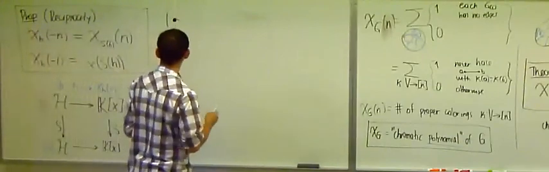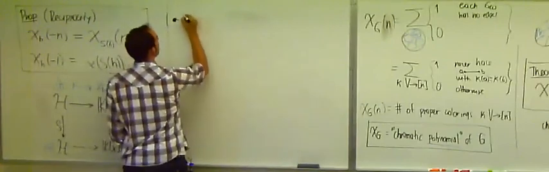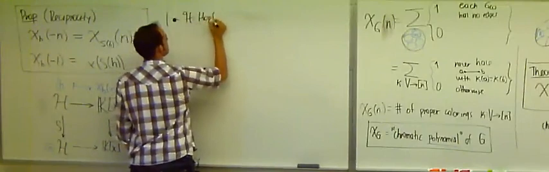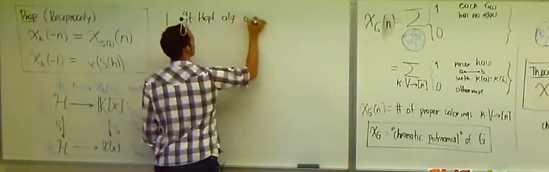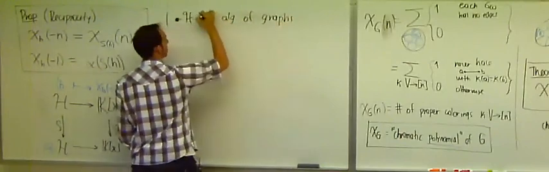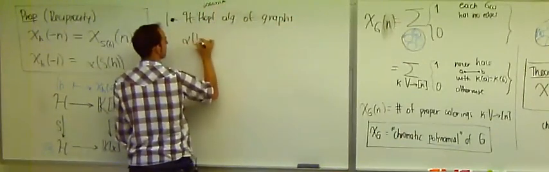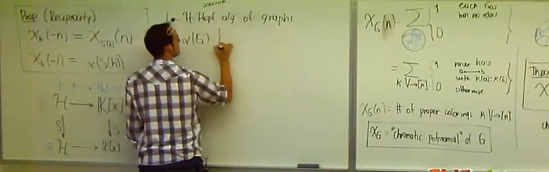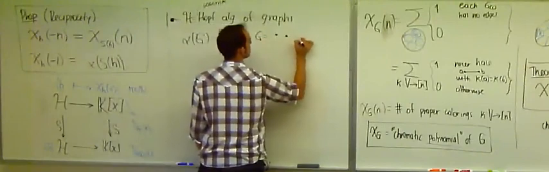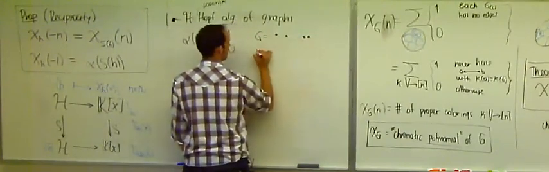So for H, the Hopf algebra of graphs, the co-commutative one, alpha of a graph is 1 if the graph has no edges, and it's 0 otherwise.